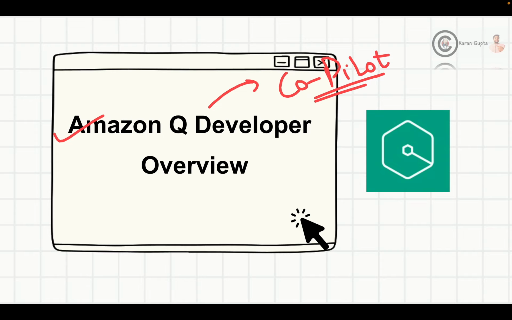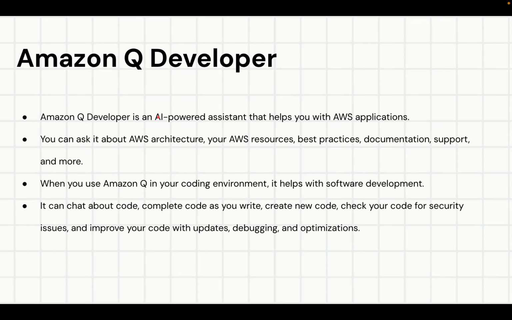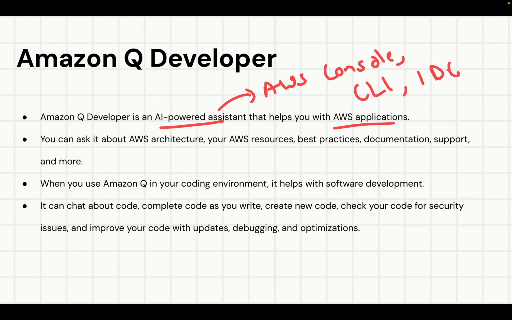Now let's understand it from the perspective of a theoretical concept. Amazon Q Developer is an AI-powered assistant that helps you in AWS applications. Whether you are working in the AWS console, on the CLI, or in an IDE, it is going to help you make your life better in terms of code and getting things done.